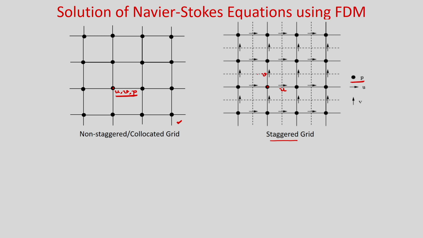If it is a cell, these dotted lines, then at the vertical face we solve u velocity and at the horizontal face we solve the v velocity. You can see these velocities are solved in a staggered way and pressure we solve at the center of the cell. As velocities are solved in a staggered way, that is why it is known as staggered grid.